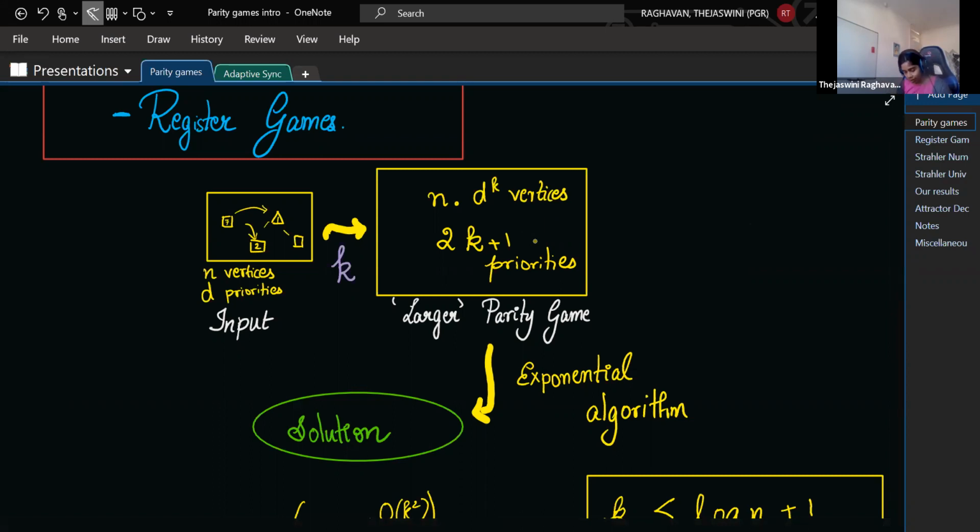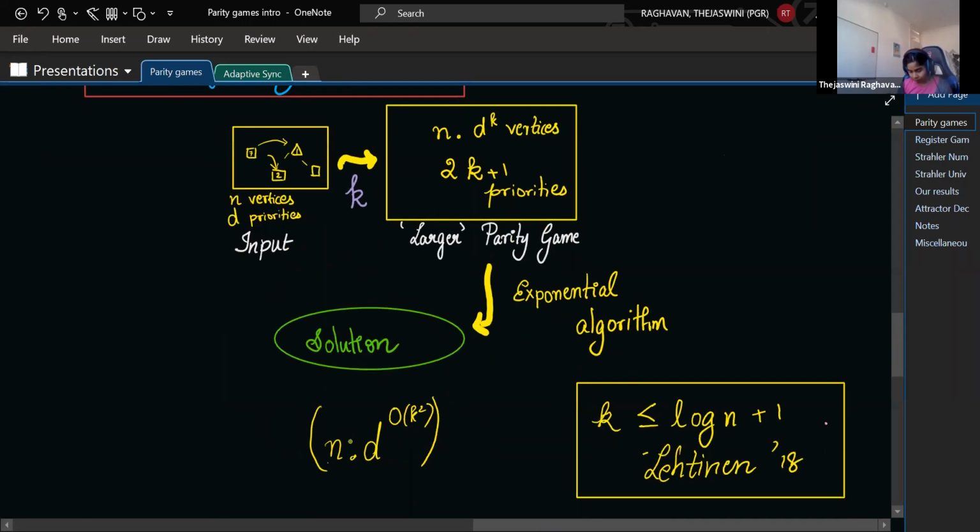So in this large parity game, even if you used an exponential time algorithm, you would be able to solve it in time n times d to the O of k squared, let's say. Even by using naive algorithms, you would get this.